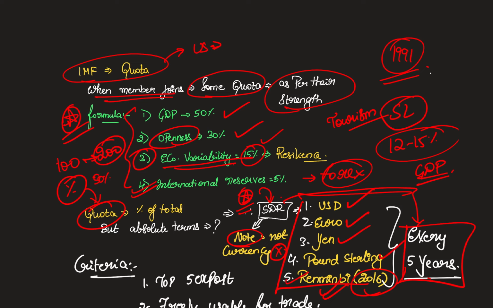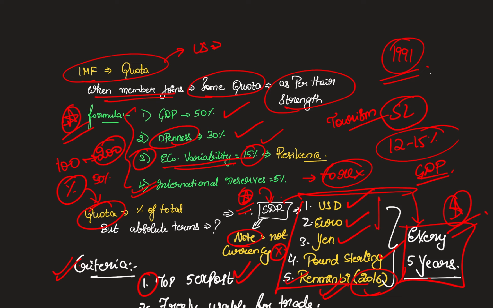Now, what is the criterion for SDR to include a certain currency? Why is India not included? Basically, the criterion here is the top 5 currencies which are a part of exports, like which currency is used for payment for exports by different countries, that will be considered here. And secondly, the availability should be so wide that it is freely usable for trade.